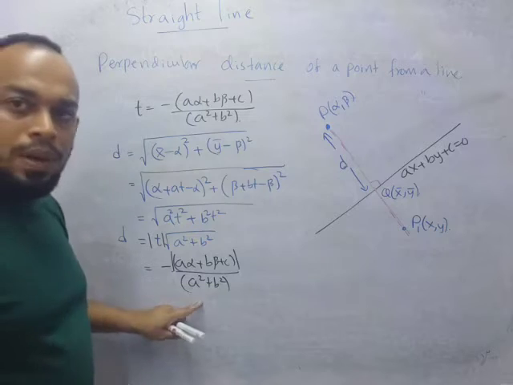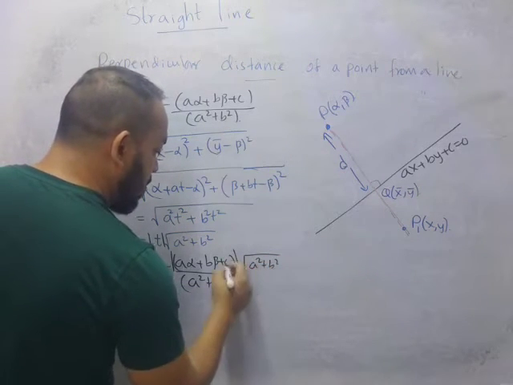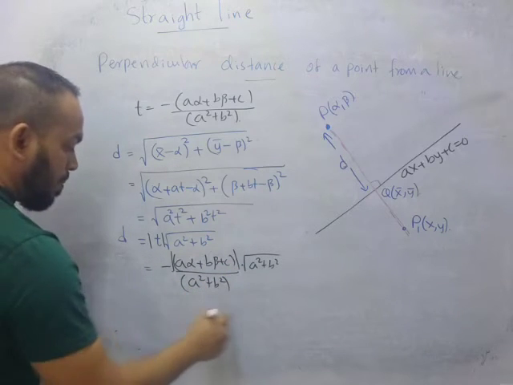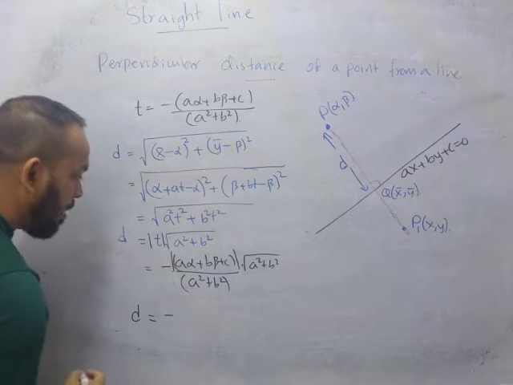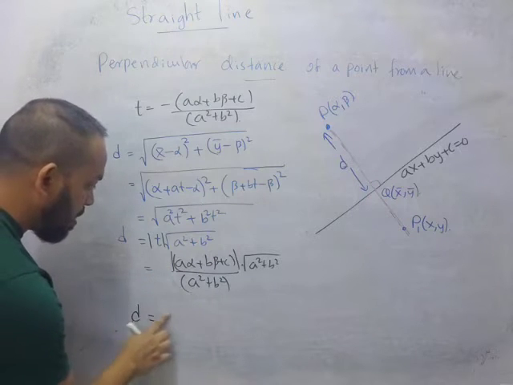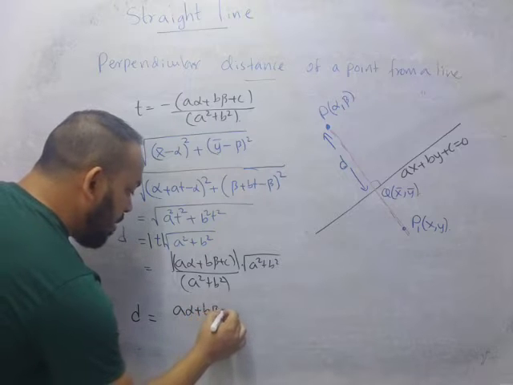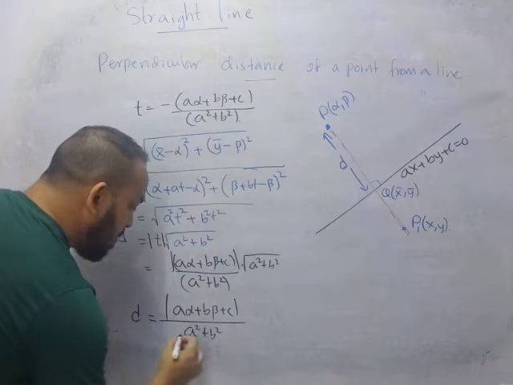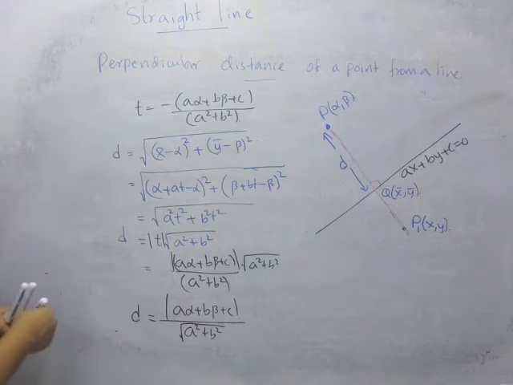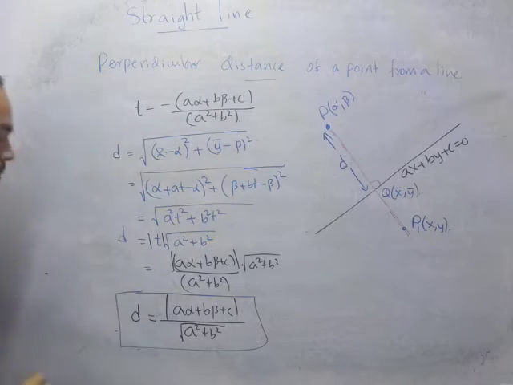Then the a square plus b square terms cancel out, and finally we get the perpendicular distance. Sorry, you don't have to put minus there. So it is the modulus of a alpha plus b beta plus c divided by the square root of a square plus b square. Please memorize this formula.